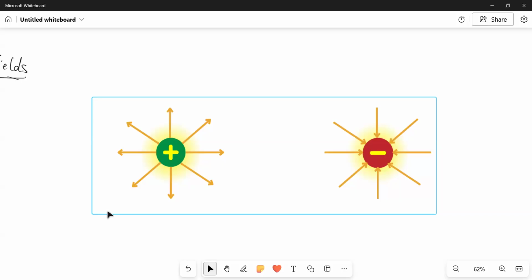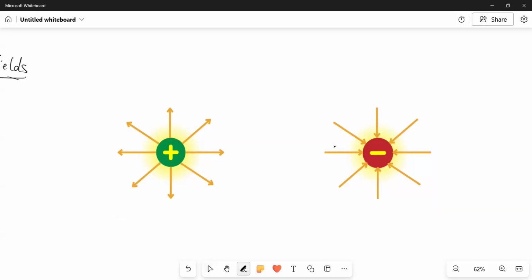Where that charge is going to exert a force on other charges around it. So keep that in mind. An electric field is basically an area around a charged particle where a force is exerted on other objects that are in the field, right?